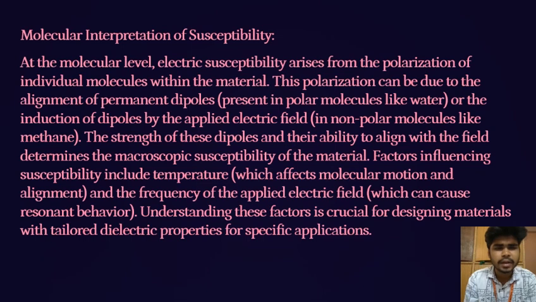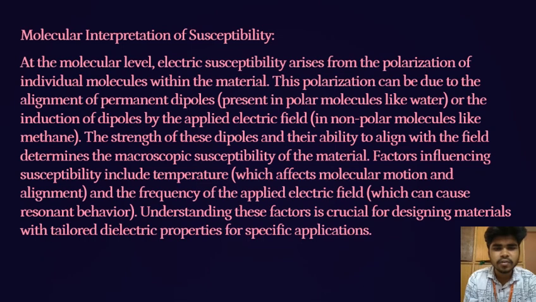Molecular interpretation of susceptibility. At the molecular level, electric susceptibility arises from polarization of individual molecules within the material. Polarization can be due to the alignment of permanent dipoles present in a polar molecule like water, or induction of dipoles by the applied electric field.